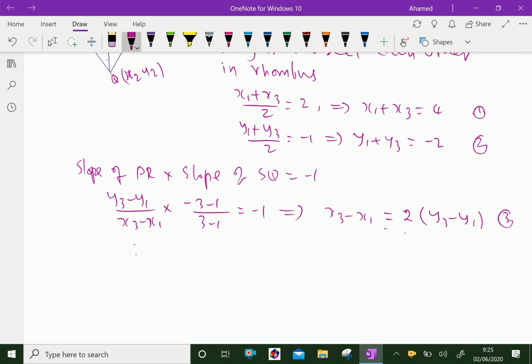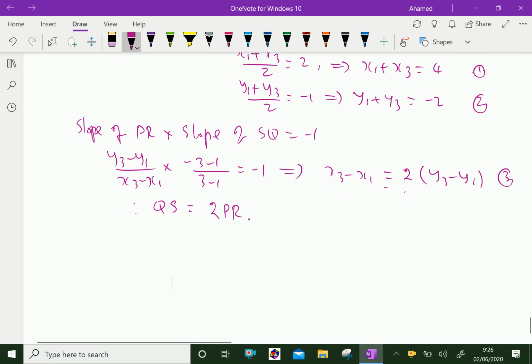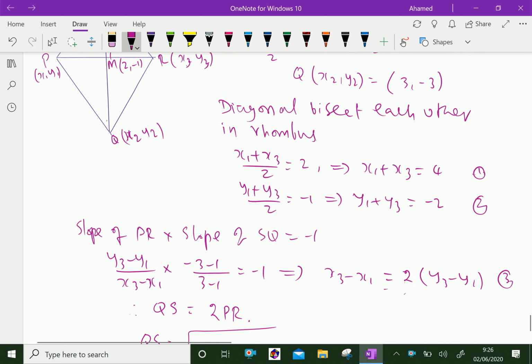Now we have the condition that the length of QS is 2 times PR, as given. We have to find the length of QS.